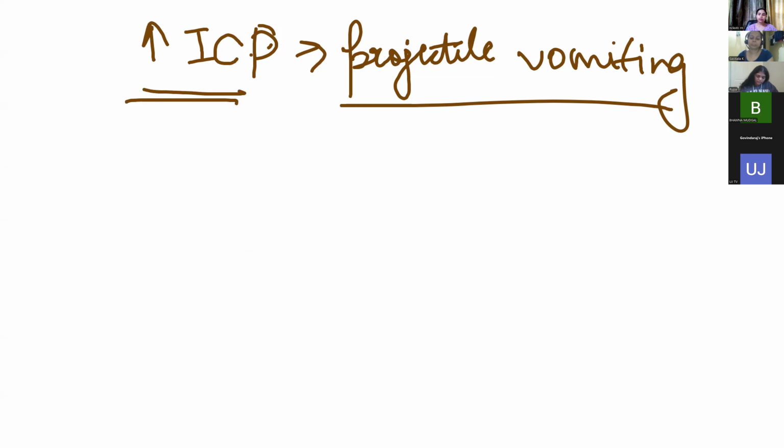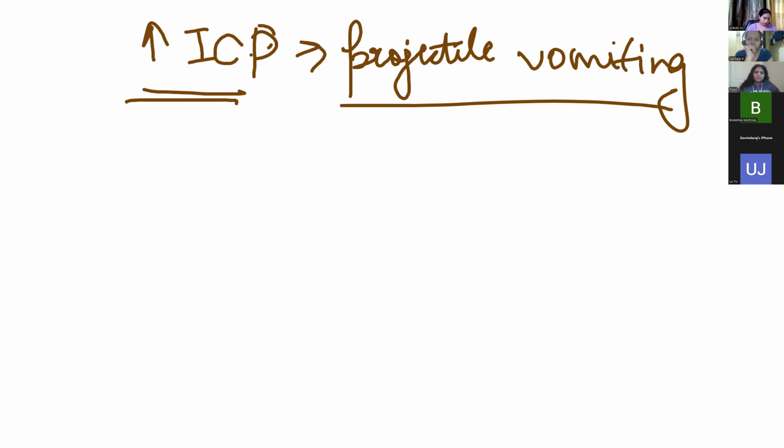Whenever there is increased intracranial pressure, there will be projectile vomiting. If a patient comes to you and vomits in front of you, and the vomiting is projectile, you will think that the patient is having meningitis. It is one of the symptoms of meningitis.